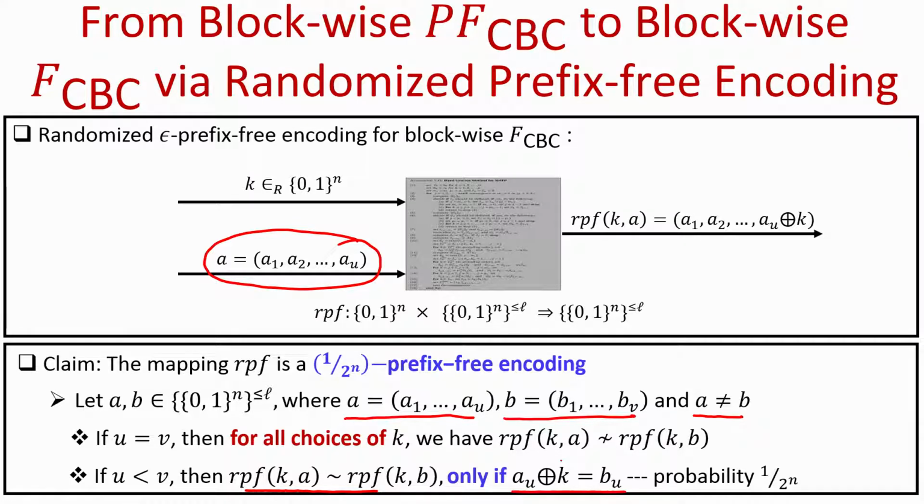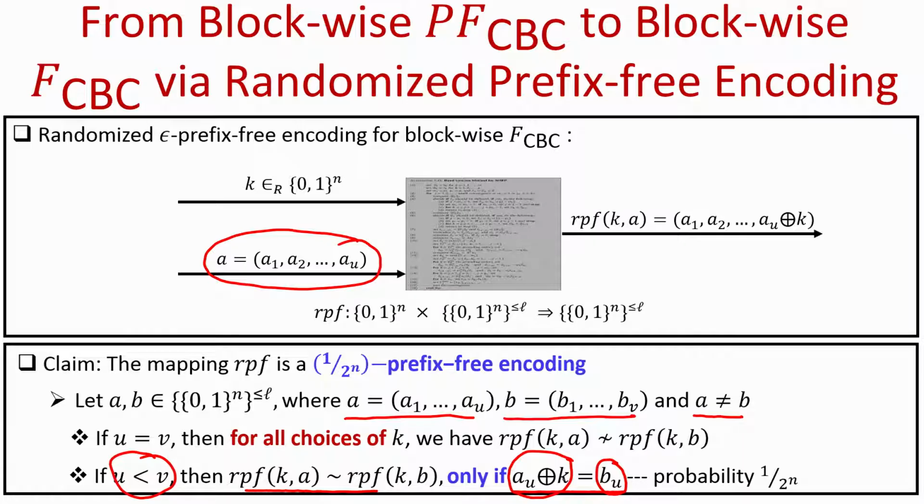Namely, the last block of the encoded A will be the XOR of the key with the last block of A, whereas the uth block, I am assuming here u is less than b, of the encoded B will be b_u. There will not be any operation with respect to k, because there are many more blocks in the input B which are still available, because we are in the case where u is less than b. So, only if the XOR of a_u and k, and b_u are the same, we can hope that the encoded A will be a prefix of encoded B.